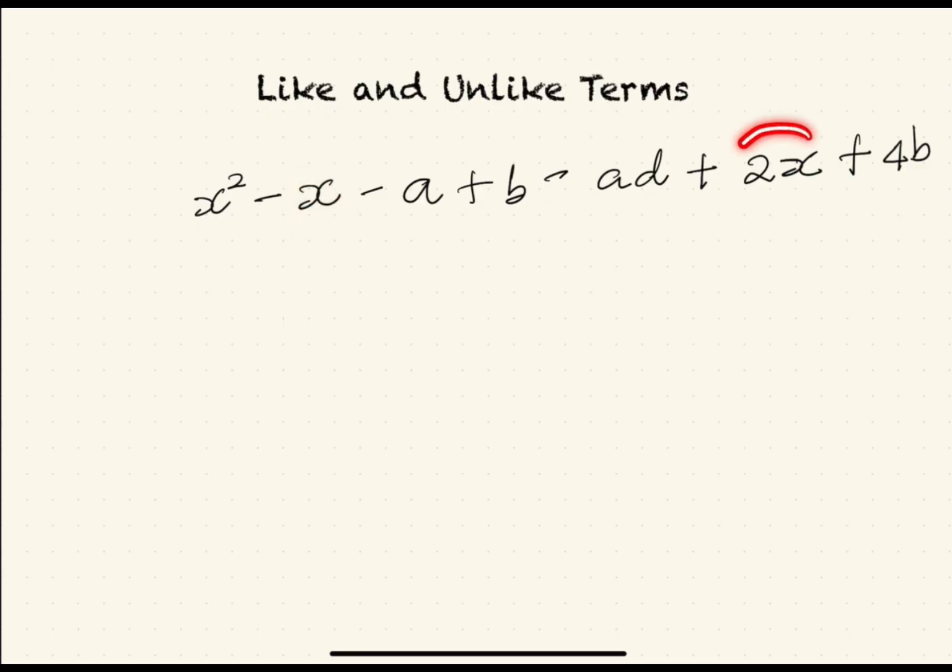And there is this 2x that also has a single x. So the x is almost like the surname, you know how people have surnames. This 2 has a surname x. This negative x has a surname x as well.